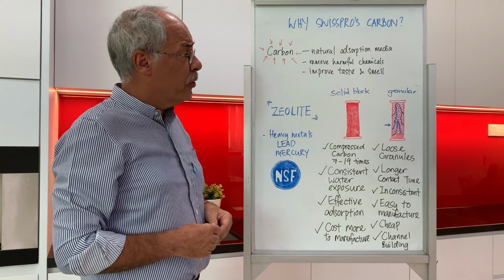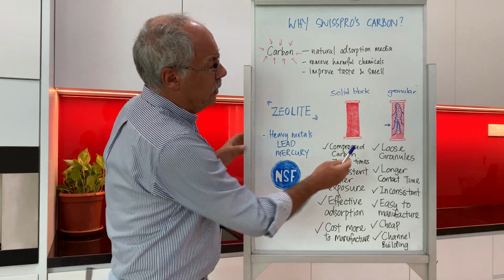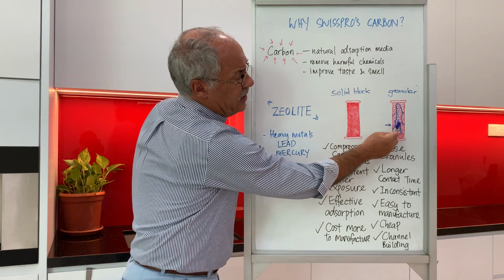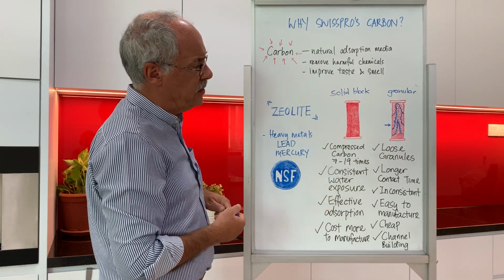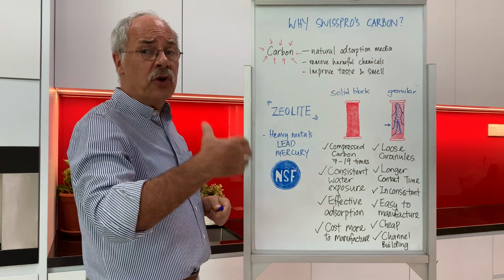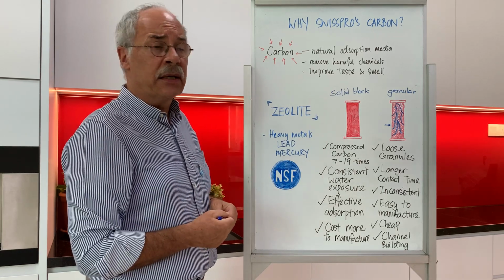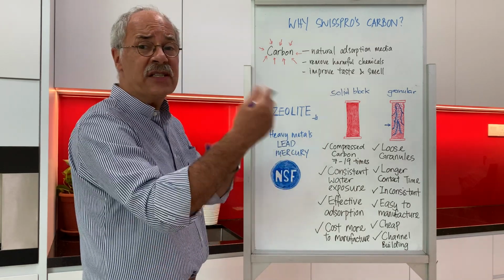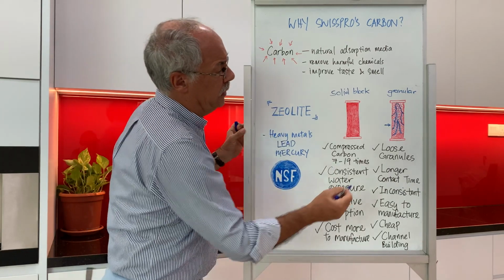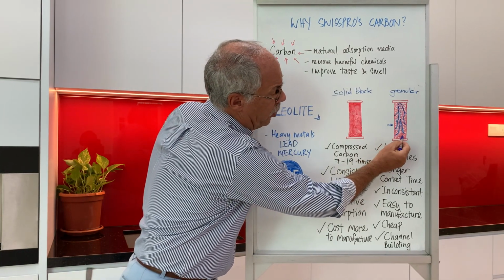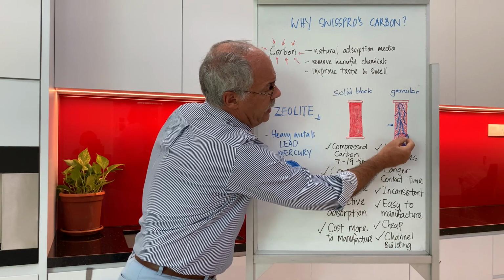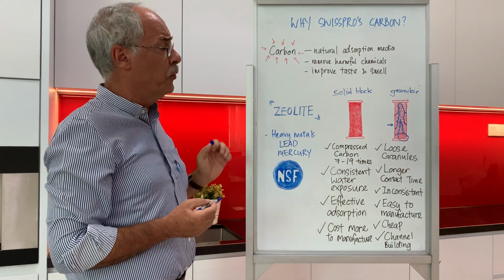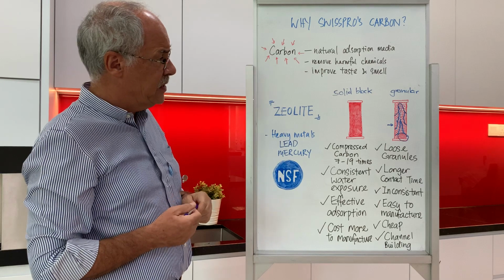However, with granulate, the water forms its own channels and always uses the same channels. So unless you constantly shake the filter and redistribute the carbon particles, the granulars, there are parts which are not even properly used. That's a big disadvantage.